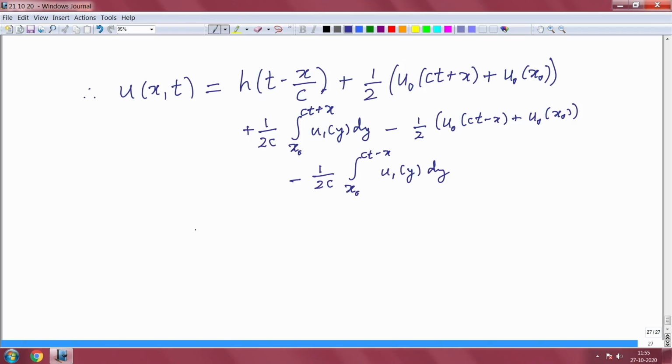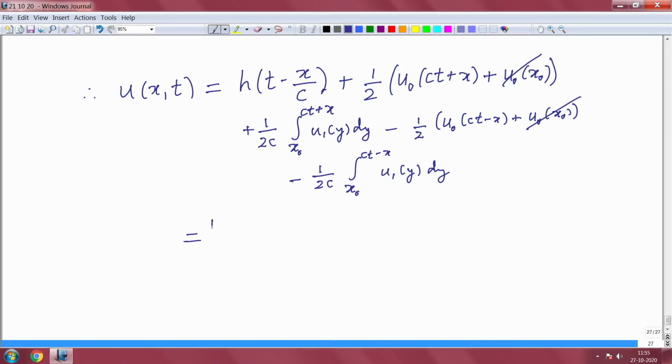Let us simplify that. The half u_0(x_0) and the minus half u_0(x_0) cancel. So x_0 you can choose as any arbitrary point, and it does not influence the solution at all.